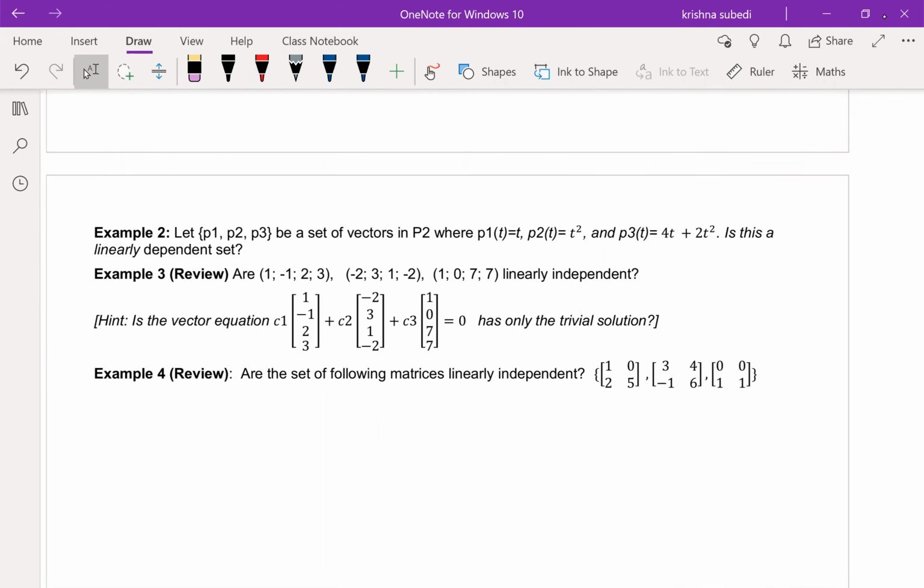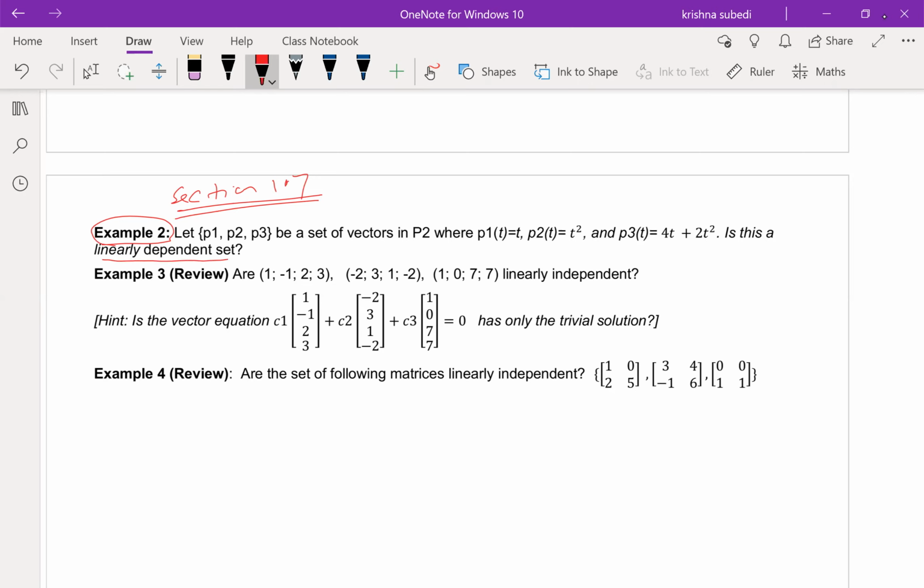So example 2. I think we have done very similar questions before in section 1.7. Can you recall from section 1.7 and try to figure out whether this set is a linearly dependent set.